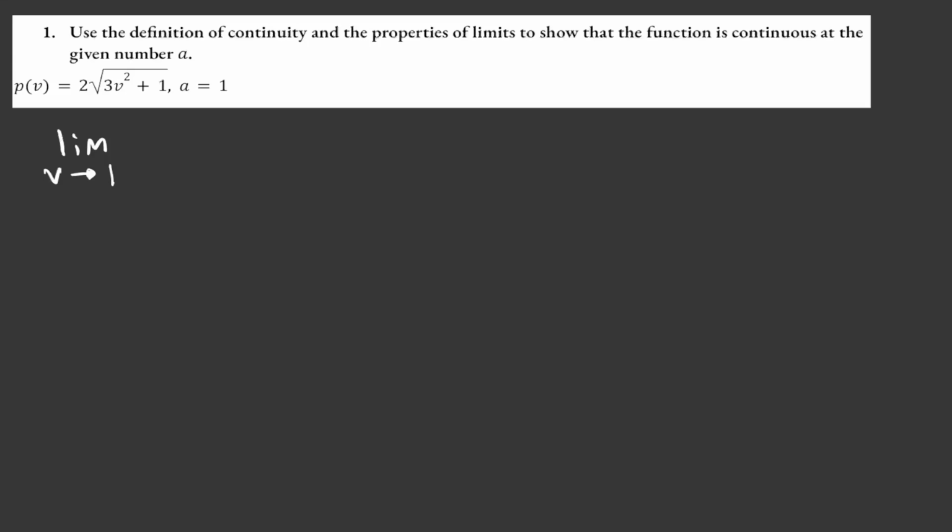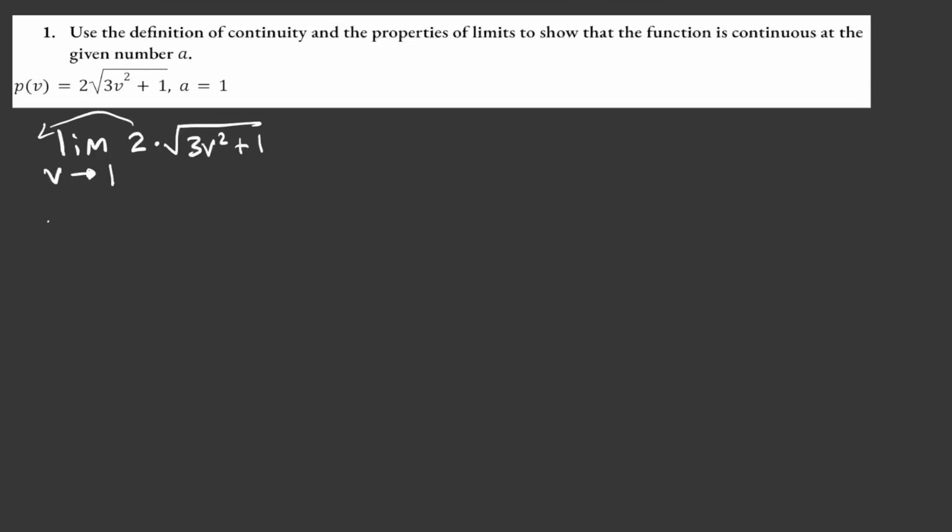Now I can just rewrite my function: 2 times the square root of 3v squared plus 1. Looking at some of the properties of limits, or limit laws, I can use limit law 3, which allows me to take this constant and bring it to the front.